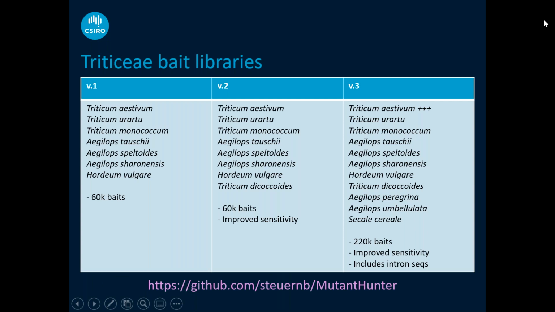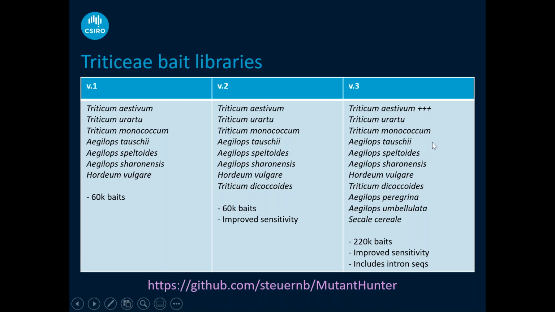So with the bait libraries for Triticeae, there are currently 3 available, version 1, 2, and 3. Version 1 incorporates sequences from common wheat, as well as some diploid ancestors, and also barley, and that consists of 60,000 baits. Version 2 had some addition of dicoccoides and additional varieties of bread wheat, and this had improved sensitivity.